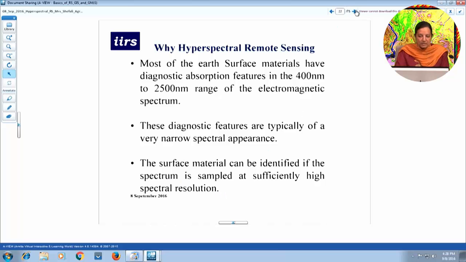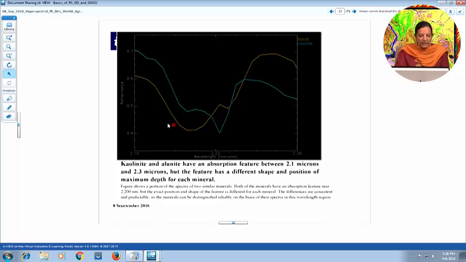Now if you look at this, there are two spectral profiles, zoomed in on the region of 2 to 2.4 microns. Kaolinite and alunite have absorption features at 2.1 and 2.3, right? But the feature has a different shape and the position of these absorptions is also separated.